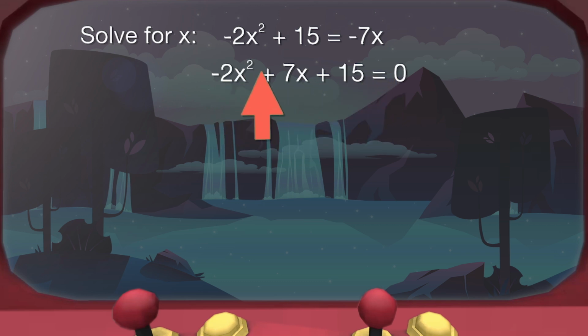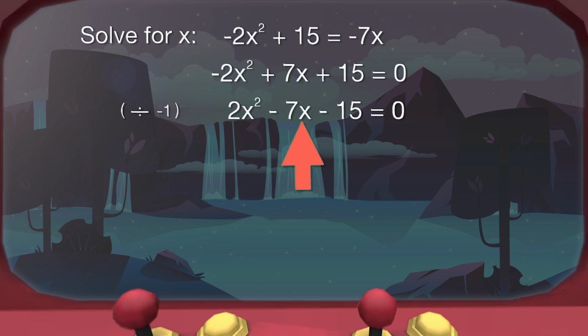All of these signs will change, and we're allowed to do it because this is an equation. So when we divide by minus 1 all the way through, the minus 2x squared becomes 2x squared, the plus 7x becomes minus 7x, and the plus 15 becomes minus 15, and it's still equal to 0 because 0 divided by minus 1 is still 0.